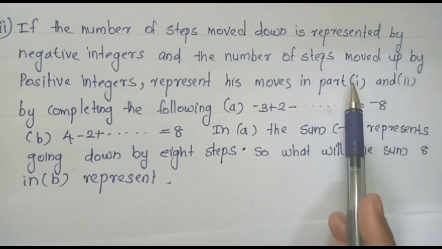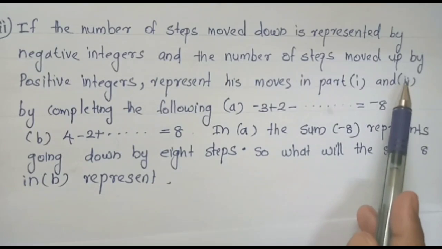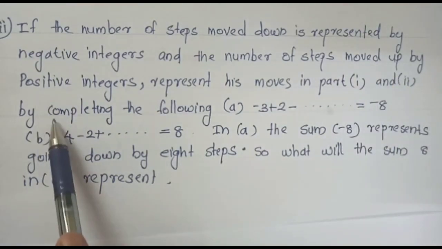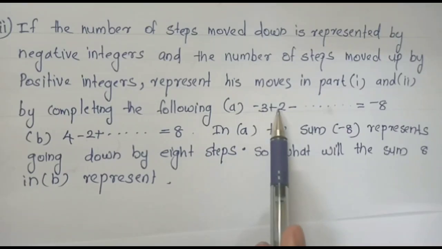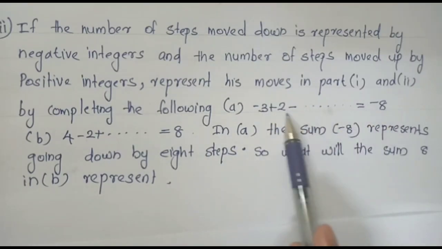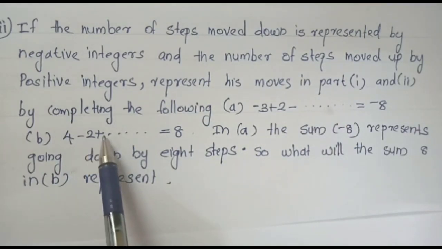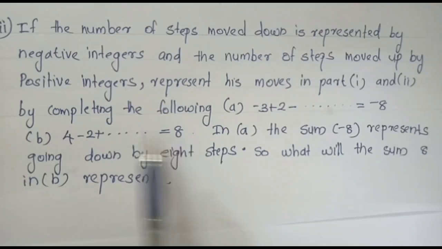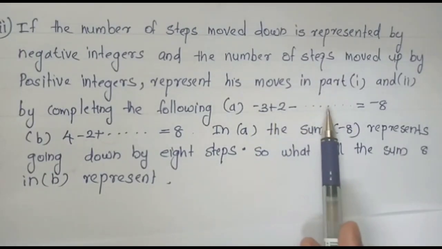Part 1 is the case when the monkey is going down, and part 2 when he is going up, by completing the following: A, minus 3 plus 2 minus etc. equal to minus 8. So we have to complete this. And B, 4 minus 2 plus etc. equal to 8. So here they have just put the calculations we have done. We have to complete this.